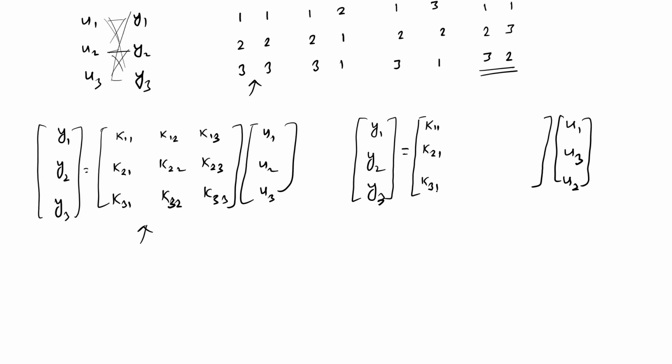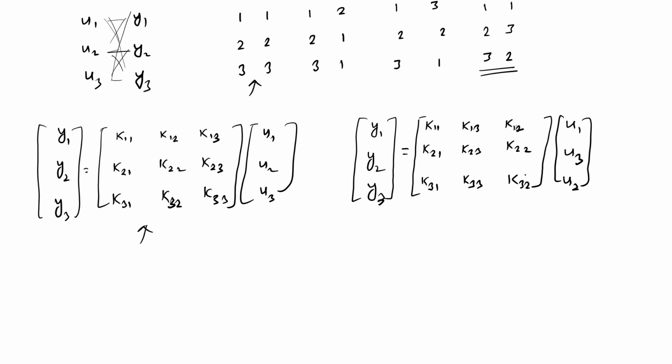Columns 2 and 3 will be exchanged, so it would be k13, k12, k23, k22, k33, and k32.